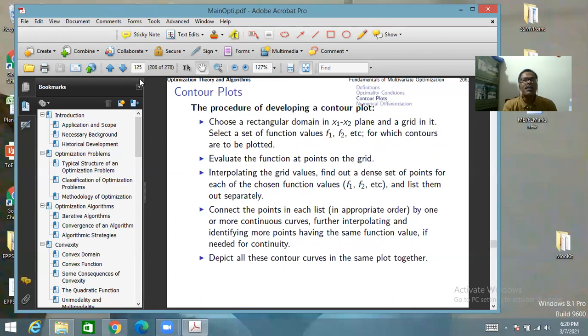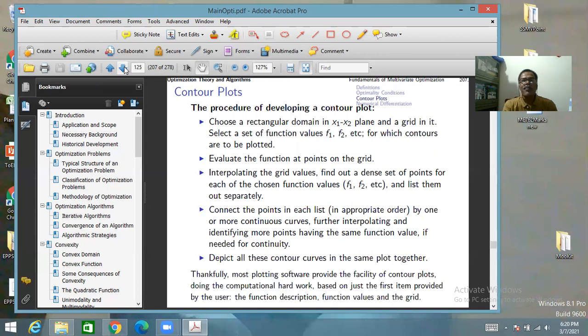But the good news, which you know perhaps, is that most plotting software, whether you use MATLAB or GNU plot or whatever, gives you some facility, some tool to make contour plots. You have to give the minimal data. Basically, you have to give what you want.